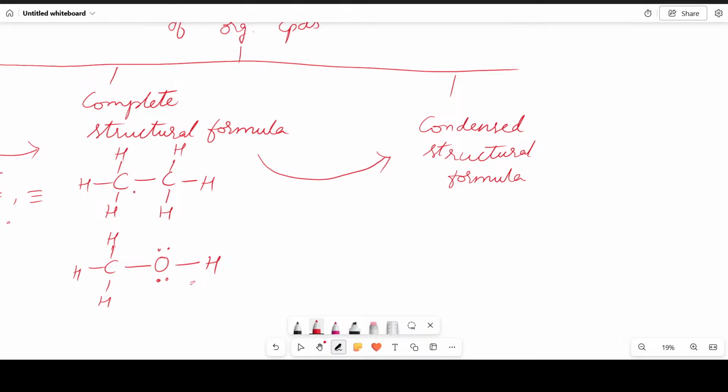So the same molecule is written as CH3CH3, and this molecule is written as CH3OH. Some or all of the dashes, the covalent bonds, are omitted. So this is called the condensed structural formula.